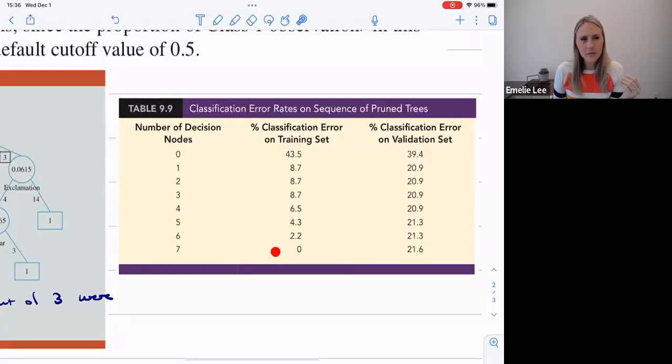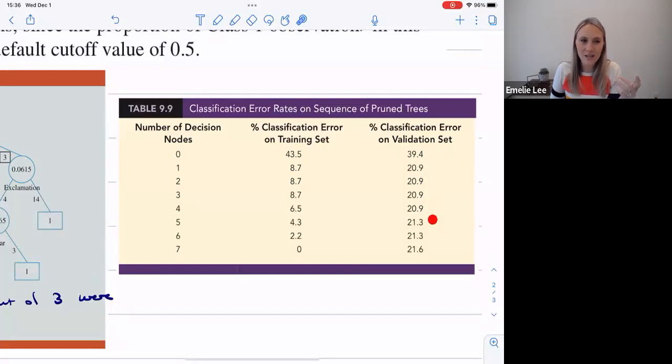But then when we apply it to the validation set, so now we're giving it new data that we didn't build these partitions from, and we're applying those same partitions and seeing what our classification error would be. With 0 nodes, it's 39.4. That's our jumping off point. Then we go to 20.9 with just the 1 node, and then it holds steady at 20.9.